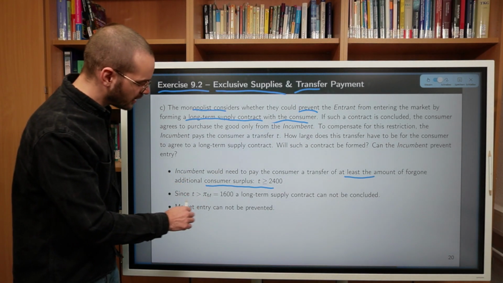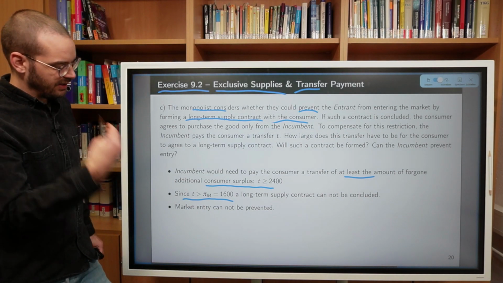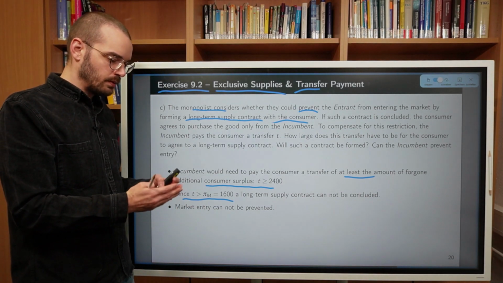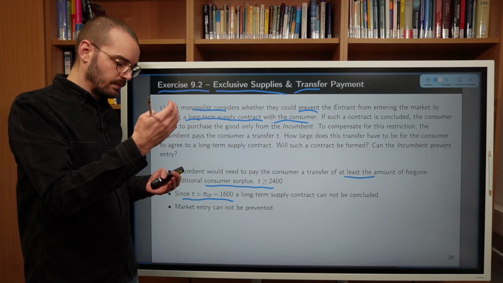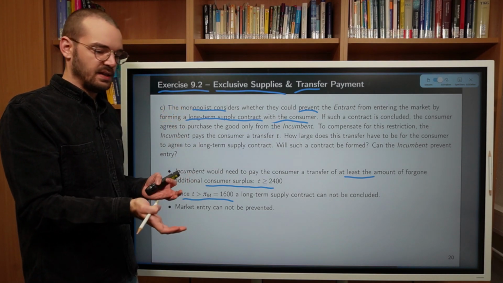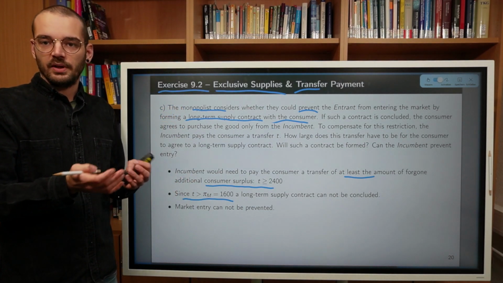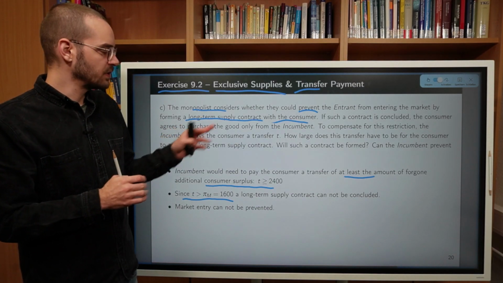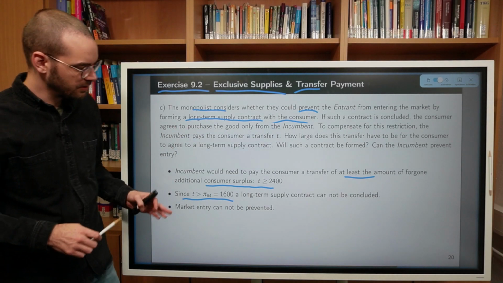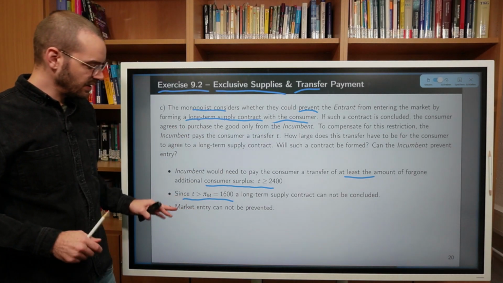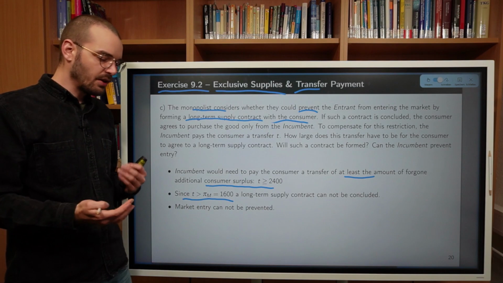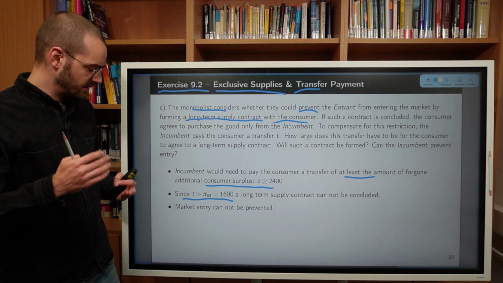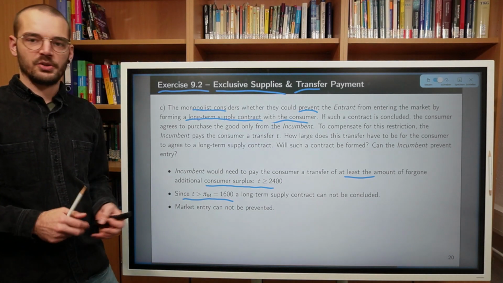So it is not possible for the incumbent to compensate the consumer and make them agree to this long-term supply contract. All right, so in this case, the incumbent cannot convince the consumer, and thus the market entry cannot be prevented.